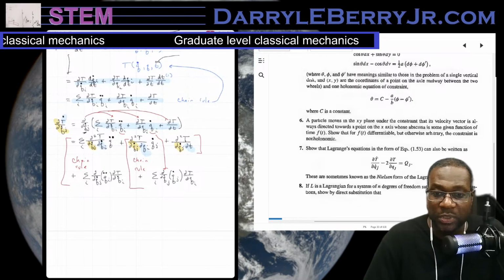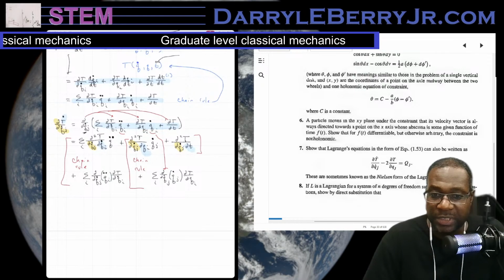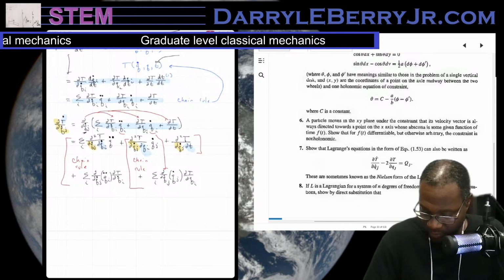So I noticed that she has d over dq dot, q double dot is 0, and that makes sense.